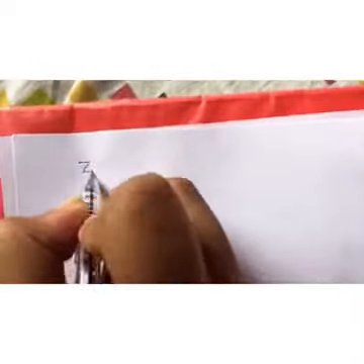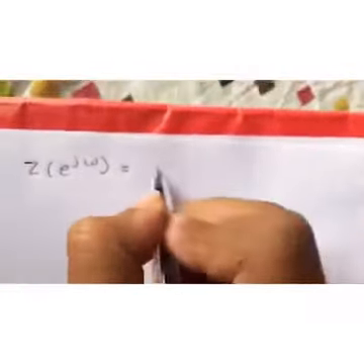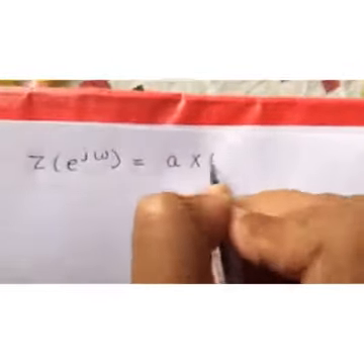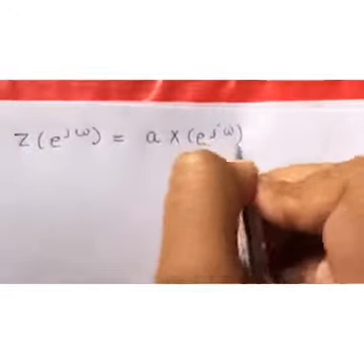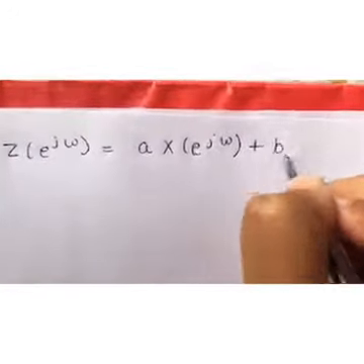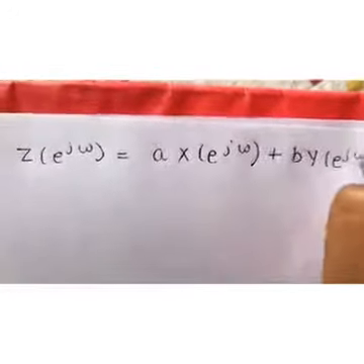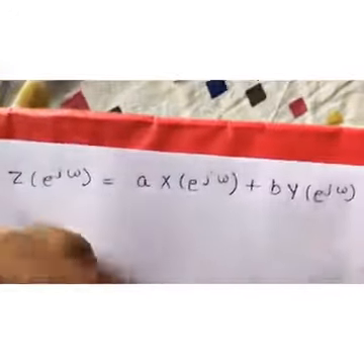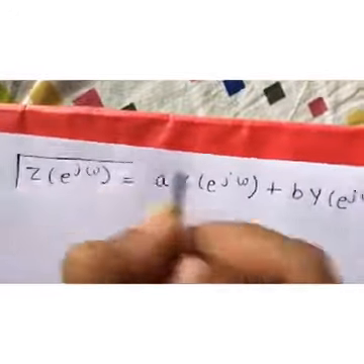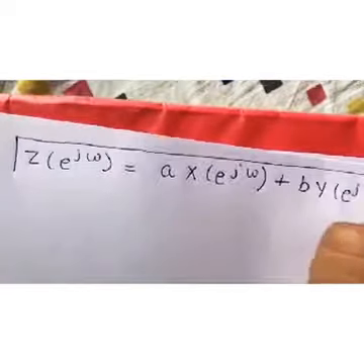So by solving, we get Z of e^j omega is nothing but a X of e^j omega plus b Y of e^j omega. So that's the linearity property.